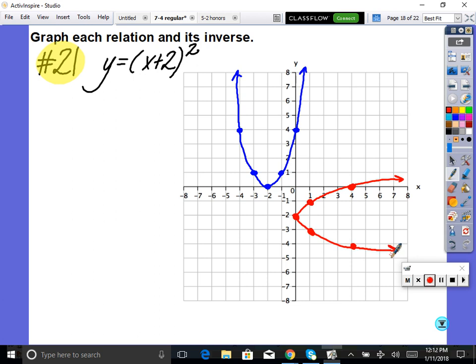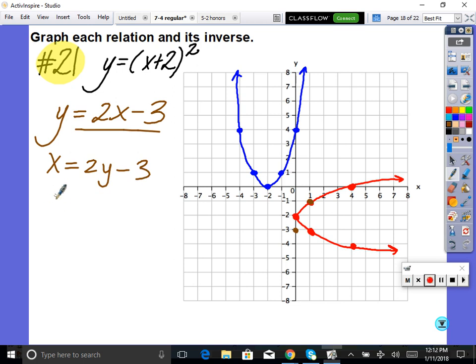Perfect. Now let's pretend though, this is really how I would do it if it wasn't a quadratic. Let's say that our original was 2x minus 3. I would be able to graph this really easily by going down 3, up 2 over 1, right? We know how to graph lines. But I wouldn't want to then switch xy points. Instead, I would just switch x and y.